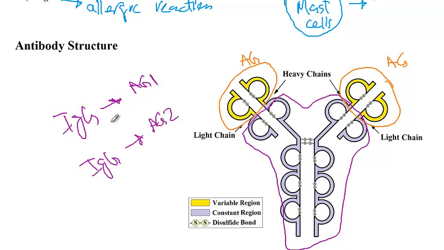But both of these antibodies have the same constant region. Same with other antibodies. If you look at IgA antibodies, for instance, all of them have the same constant region, but it's their variable region that is different, making them specific for binding to different antigens.